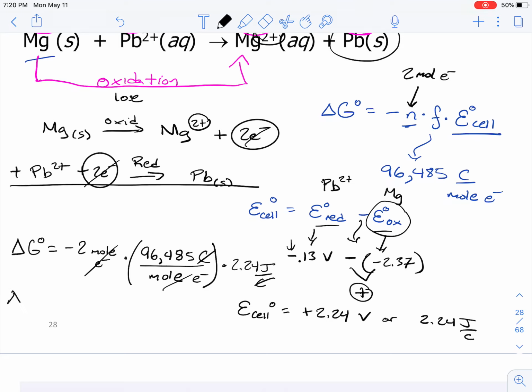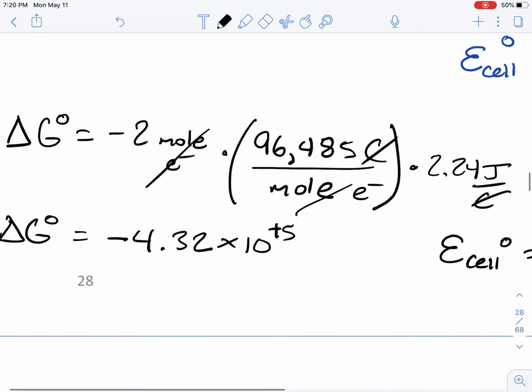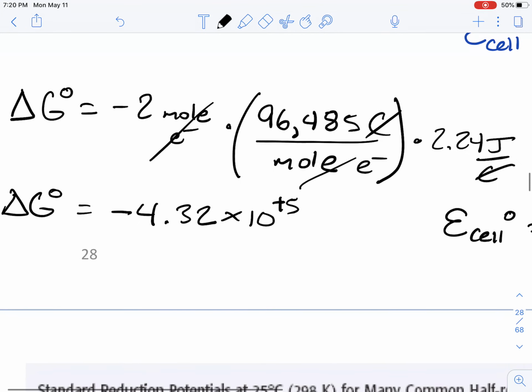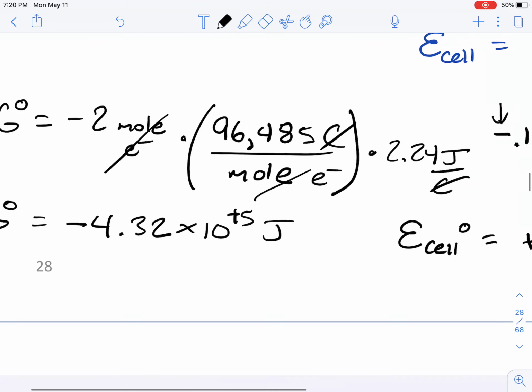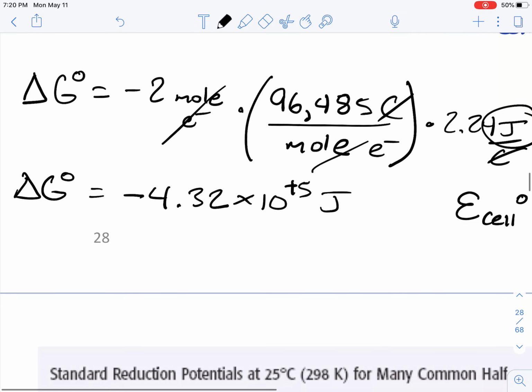So if I multiply all of them together, I'm going to get a delta G value that's going to be negative 4.32 times 10 to the positive 5. And this is going to be joules, because this is the only unit that's remaining.